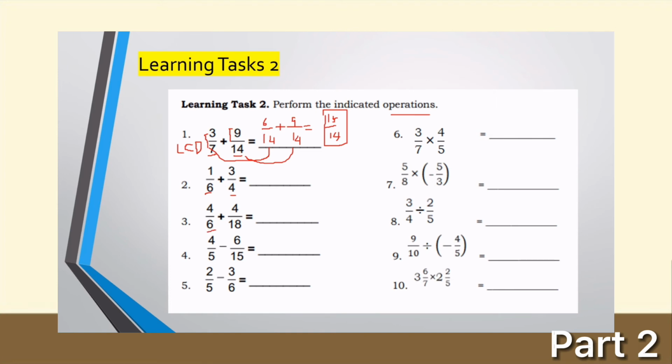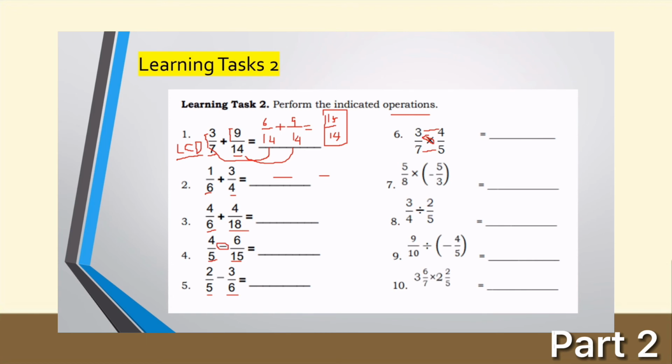Number 3, we have also dissimilar fractions. This time, you're going to subtract. Then, number 5 is also subtraction of dissimilar fractions. So, all you have to do is find the LCD, get the equivalent fraction, and then simplify. Okay? For number 6, we have multiplication. Multiply fraction, you need to multiply the numerators, multiply the denominators.